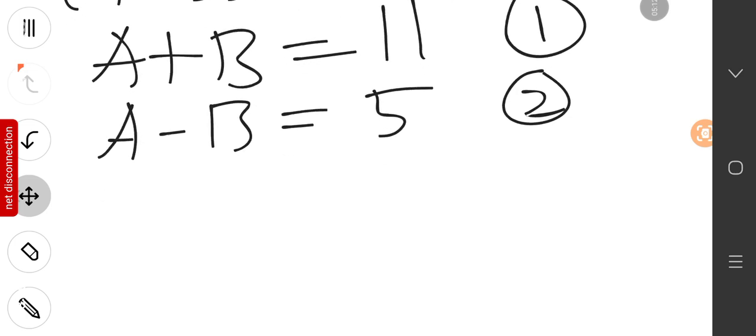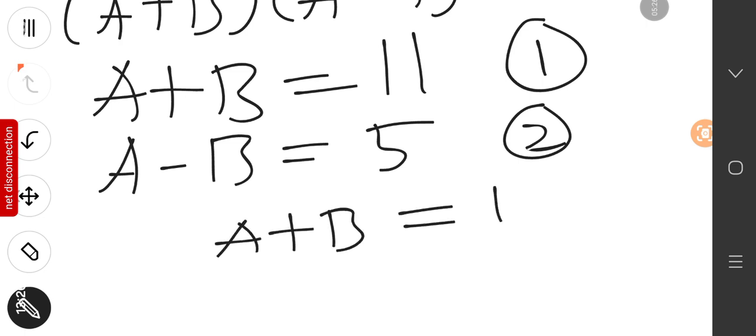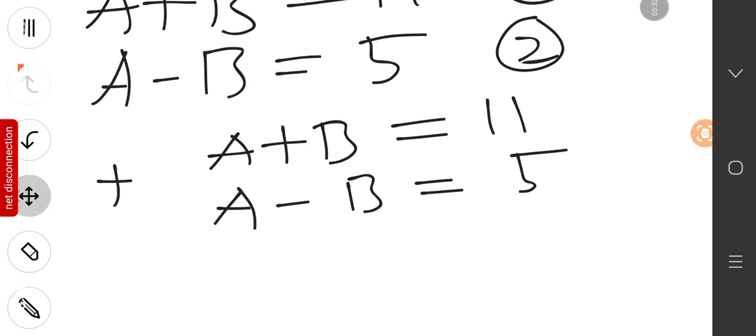Let's use the method of substitution or elimination to solve the problem. Here we're going to use elimination. Let's add equations 1 and 2. You have a plus b equals 11 plus a minus b equals 3, so you are adding the two equations.